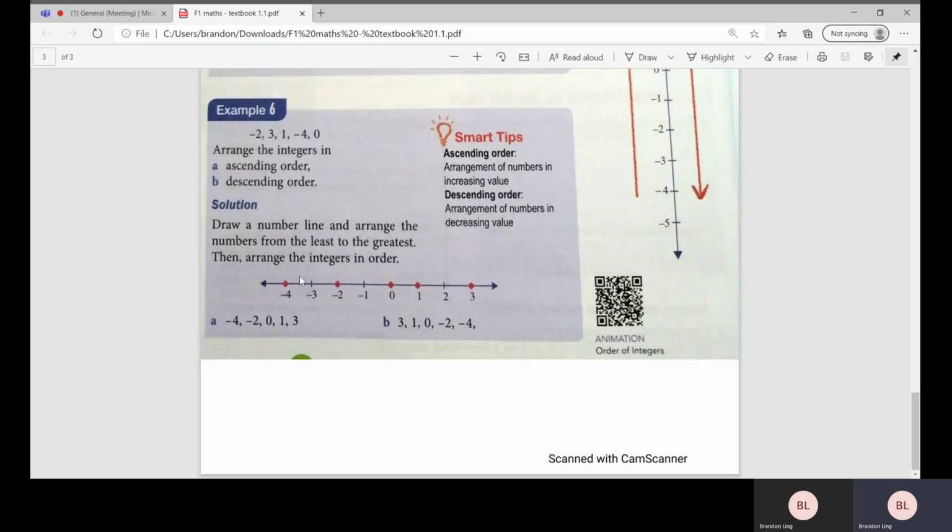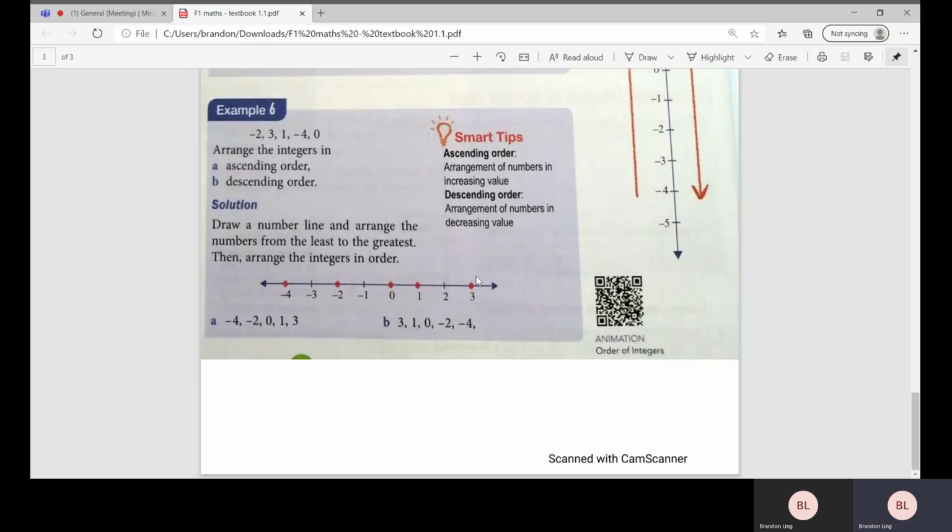First red dot, you have -4, followed by -2, 0, 1, and 3. So here it is in ascending order: -4, -2, 0, 1, and 3.